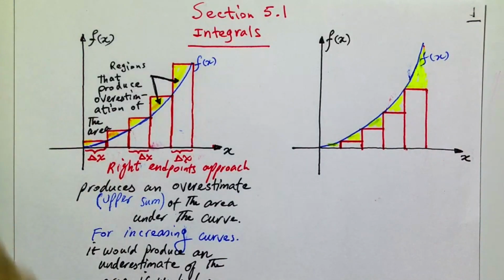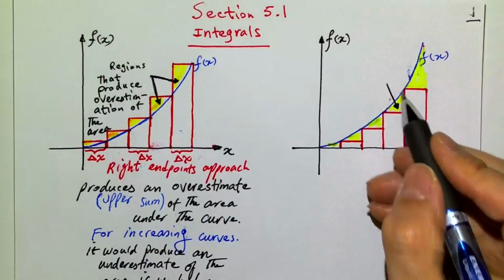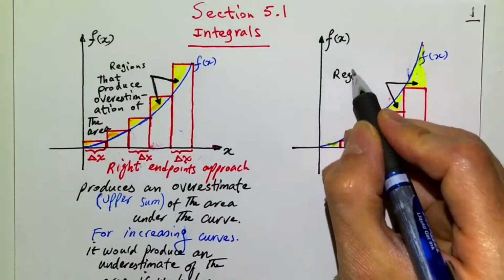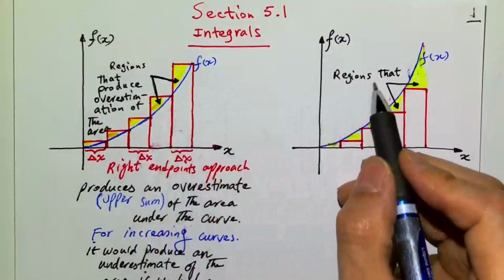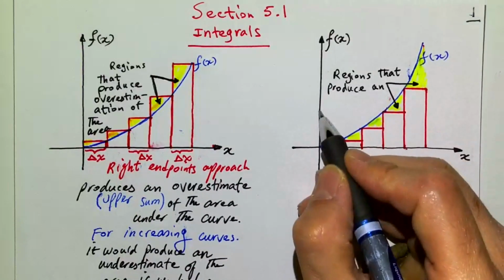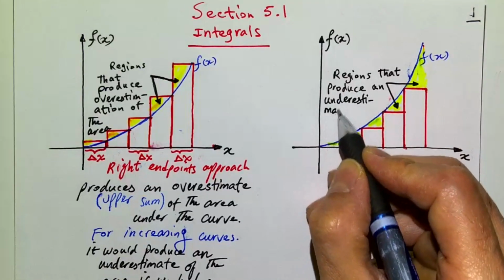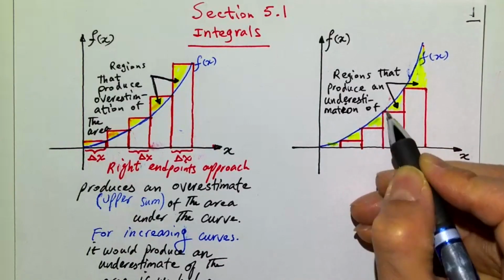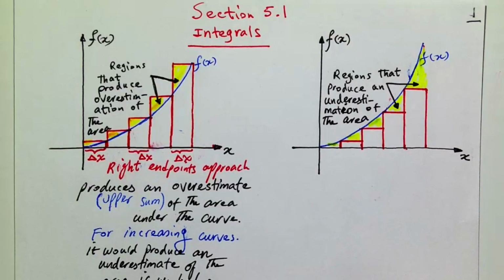So therefore, these regions, I'm going to reproduce this, so regions that produce an underestimate or underestimation of the area under the curve we're talking about, right?